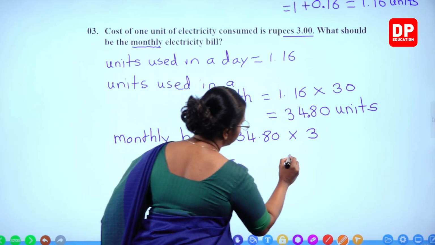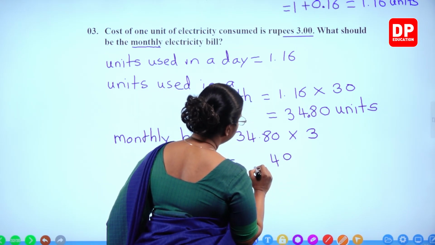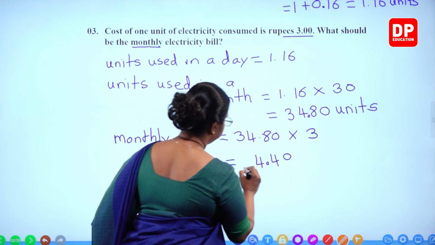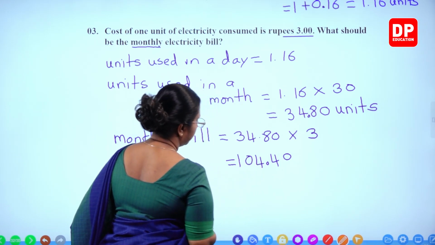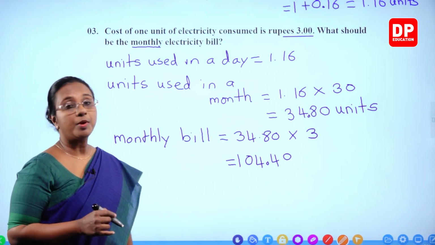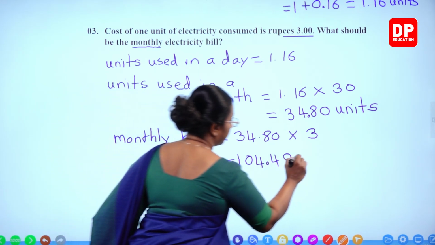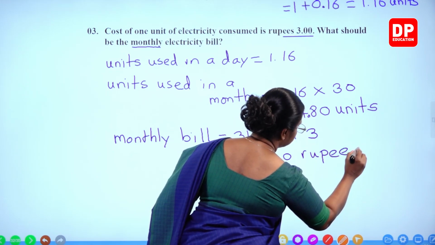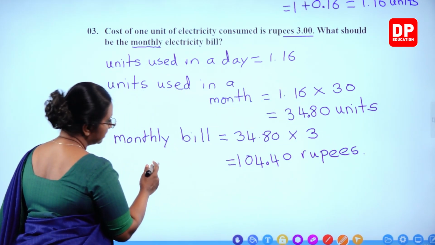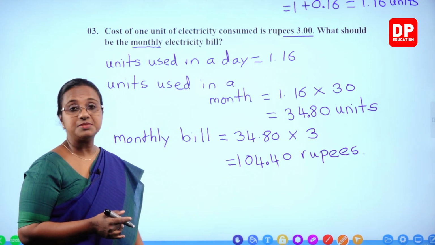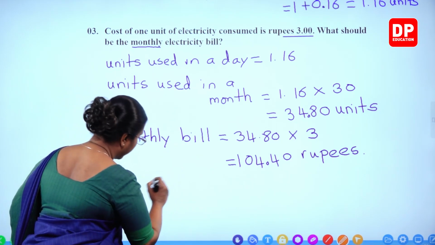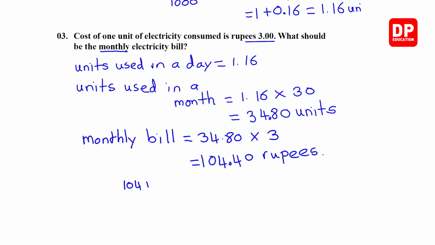That is going to be equal to 104.40 rupees. Or you can also write it as 104 rupees and 40 cents. That is fine as long as you get this particular value. So if you want to write, you can write as 104 rupees and 40 cents.